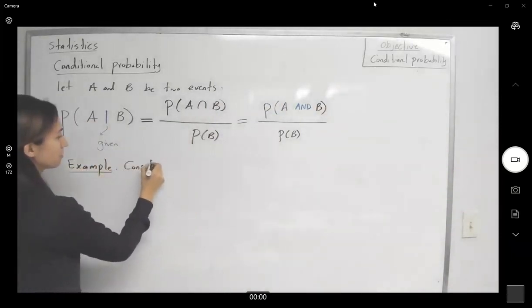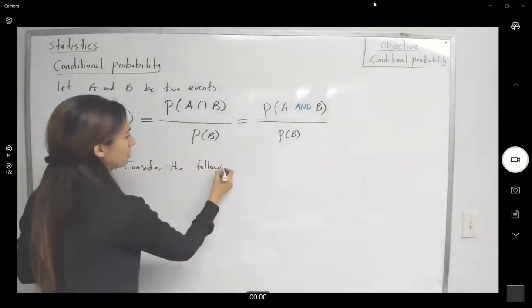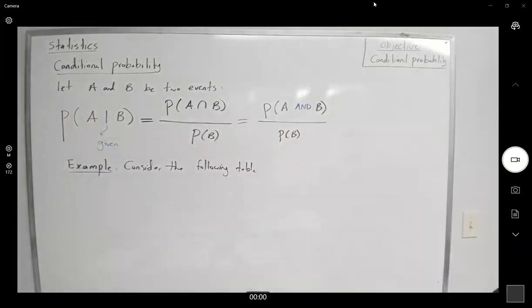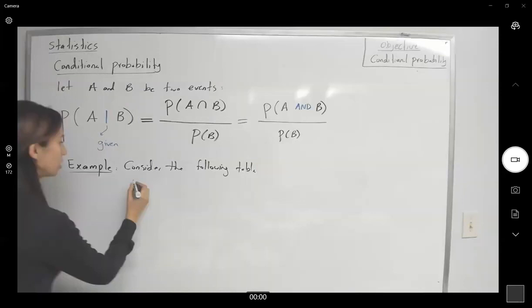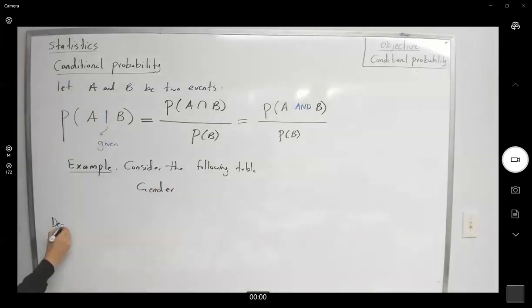Consider the following table. Here in this table, I have the gender and I have the degree. It's divided up this way.